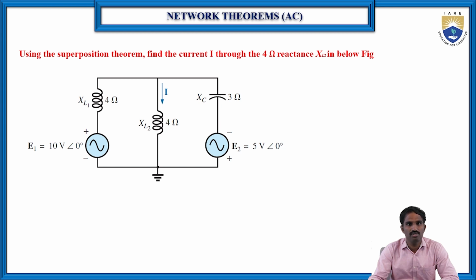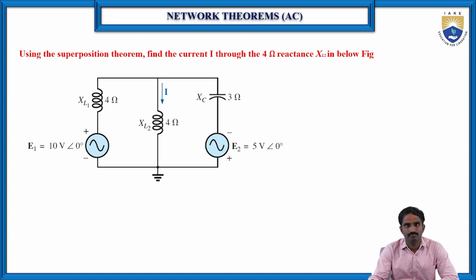One is E1 equal to 10 volts at an angle of 0, and E2 is equal to 5 volts at an angle of 0. Here they have given the values in polar form. And there are three reactances. One is the inductive reactance XL1, equal to 4 ohms, another inductive reactance XL2 is equal to 4 ohms, and the capacitive reactance XC is equal to 3 ohms, right?